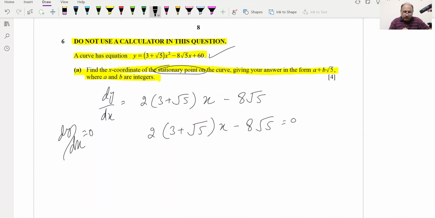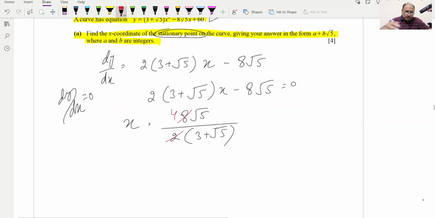Now we can find basically the x value. We will shift this to the other side, so x will be equal to 8 root 5 over 2 into 3 plus root 5. And now we have to basically simplify this. We can cancel this 2 and 8, so 2 4s are 8, and we can basically rationalize.